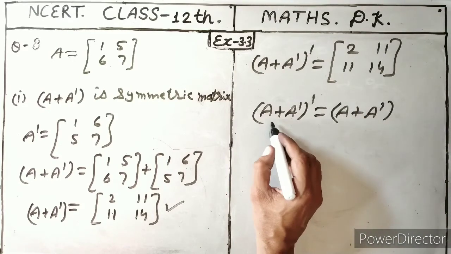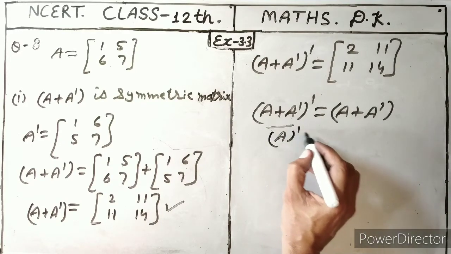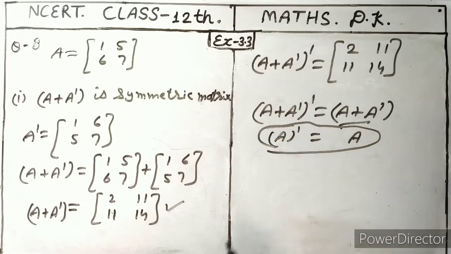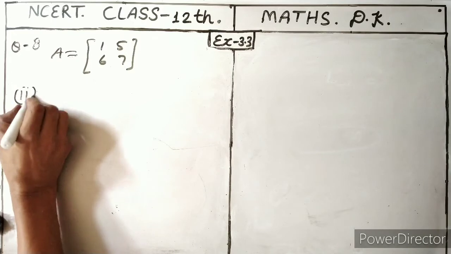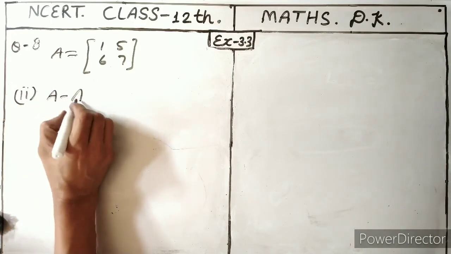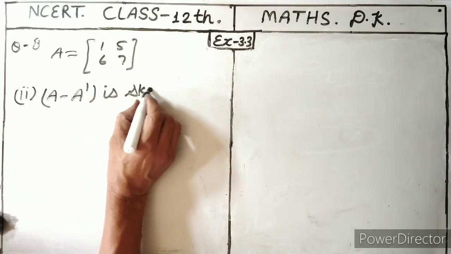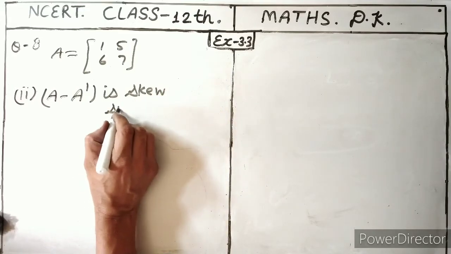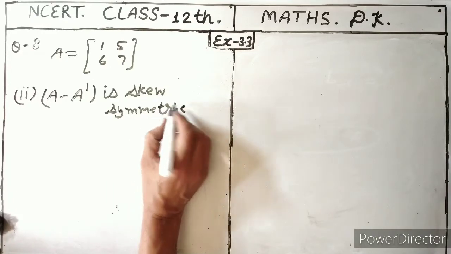It means if we assume that this is A transpose and this is A, this is a symmetric matrix. In the second part, we verify that A minus A transpose is a skew symmetric matrix.